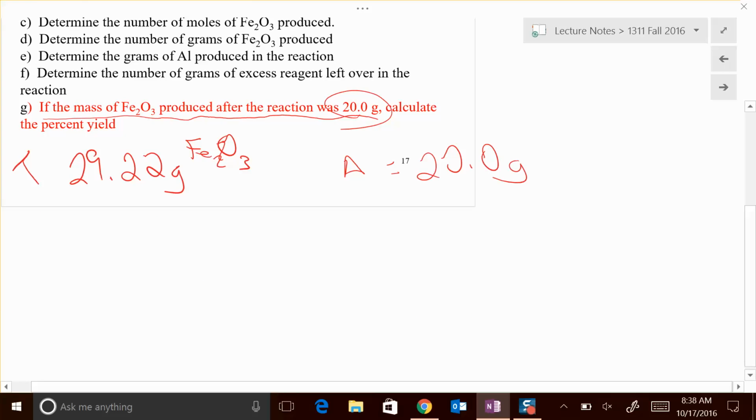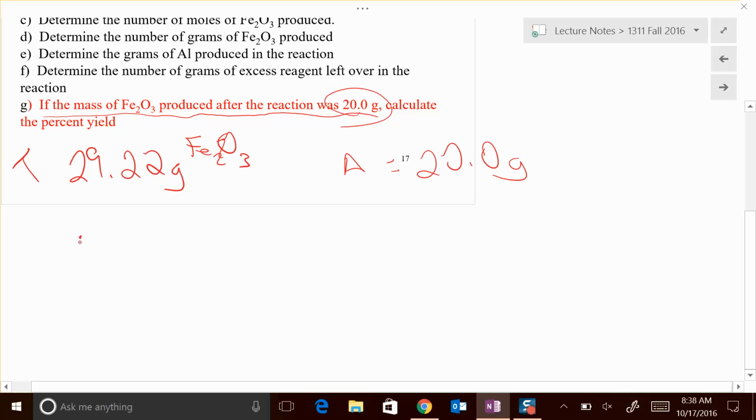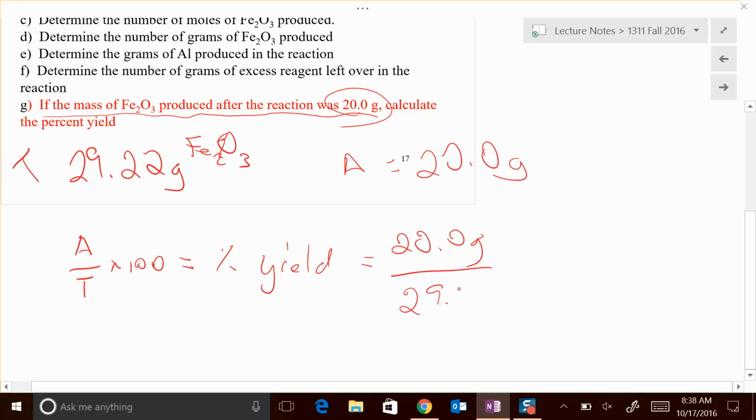Okay, so A over T times 100 equals percent yield. So 20.0 grams over 29.22 grams of Fe2O3 times 100. So what's my percent yield for this one?